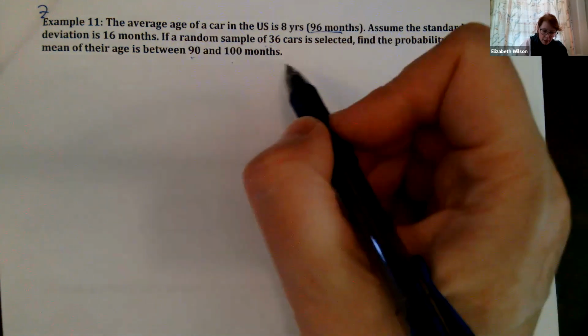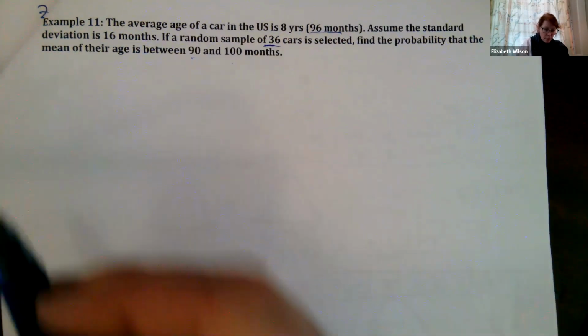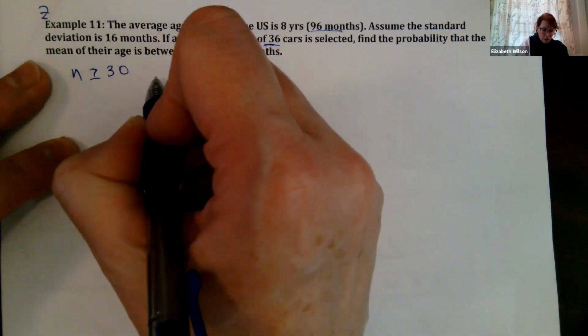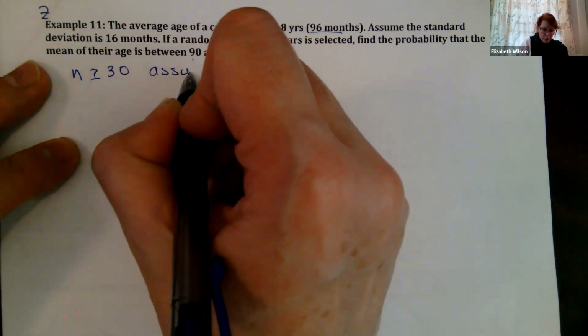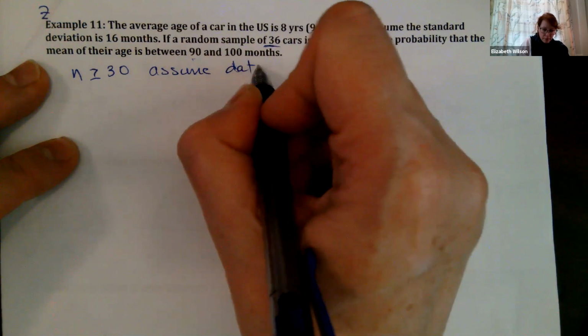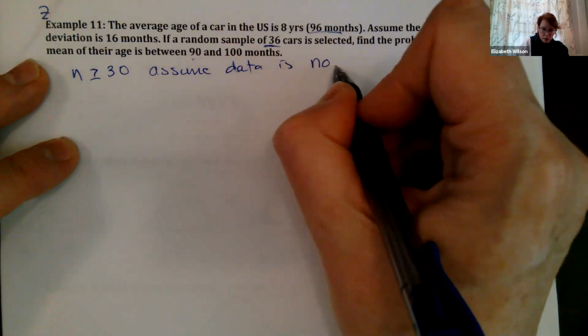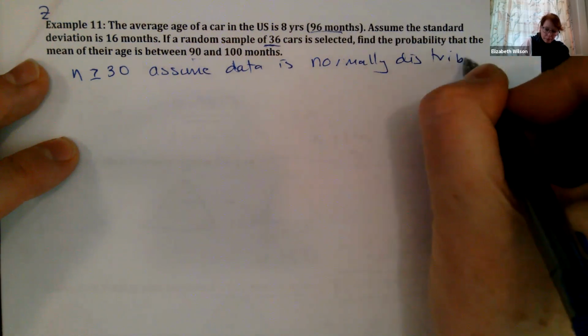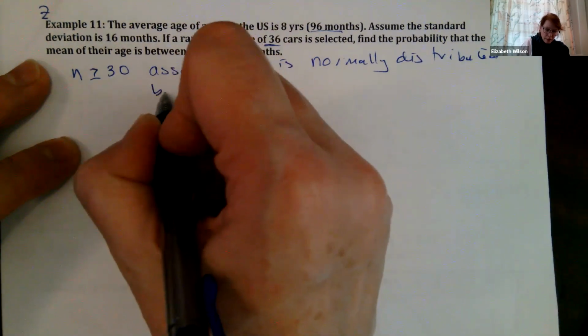So I've got n equal to 36, so my n is greater than or equal to 30. So we can assume the data is normally distributed by our central limit theorem.